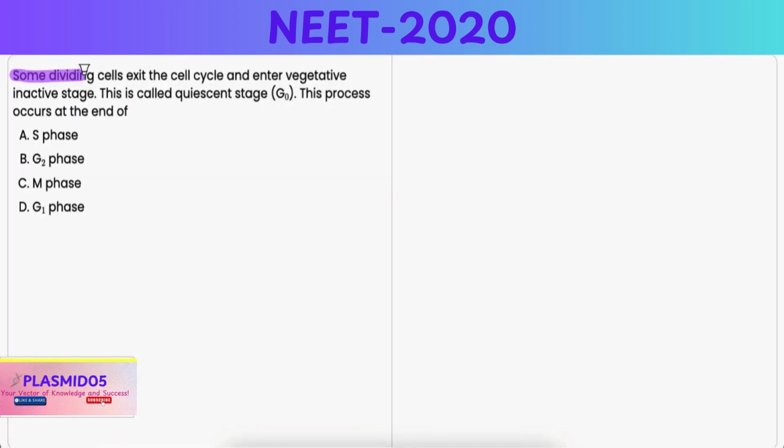Some dividing cells exit the cell cycle and enter a vegetative inactive stage, which is called quiescent stage, that is G0. And you have to identify this process occurs at the end of which phase.